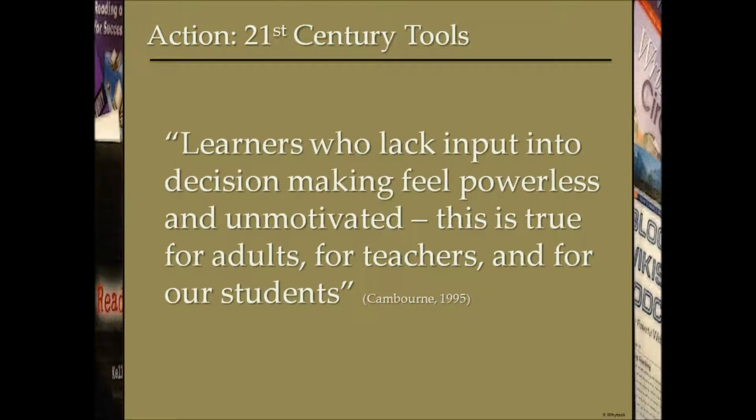Learners who lack input into decision making feel powerless and unmotivated. This is true for adults, for teachers, and for our students. It comes from Cambourne. And that's why we need to change how we teach literacy. Right? We need to go where they're going, go where their texts are, give them choices so they're motivated.